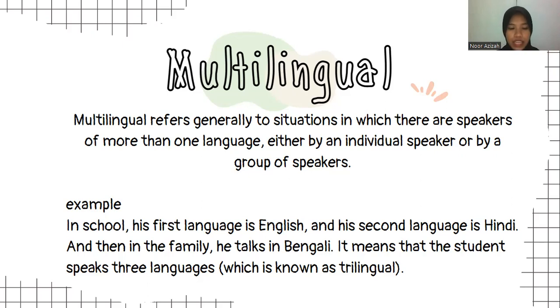For example, in school, his first language is English and his second language is Hindi, and then in the family, he talks in Bengali. It means that the student speaks three languages, which is known as trilingual.